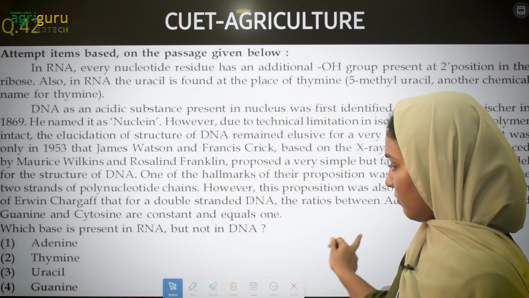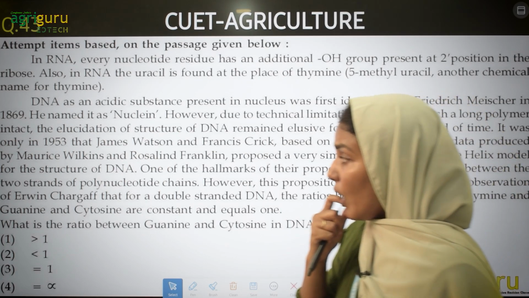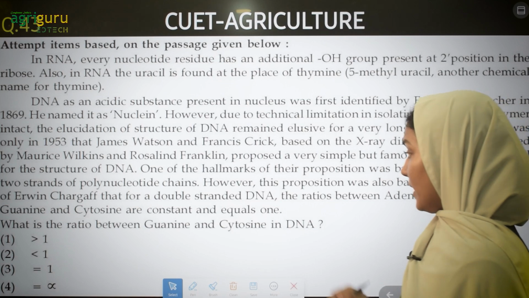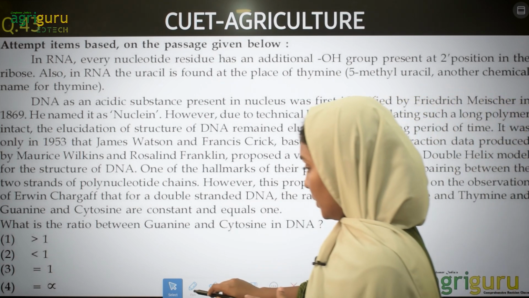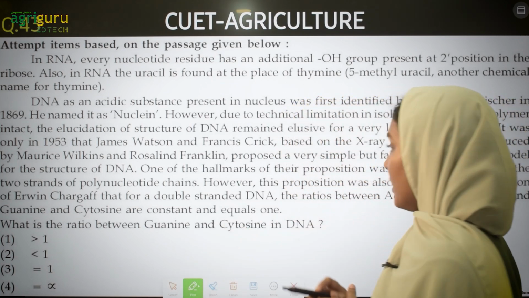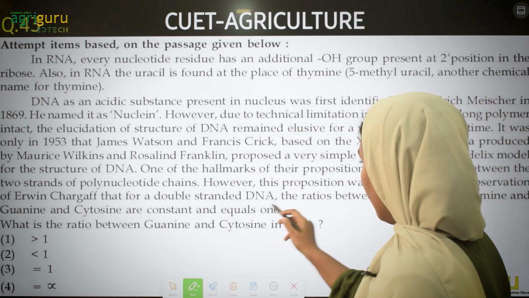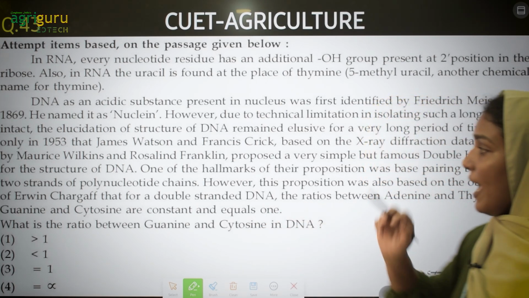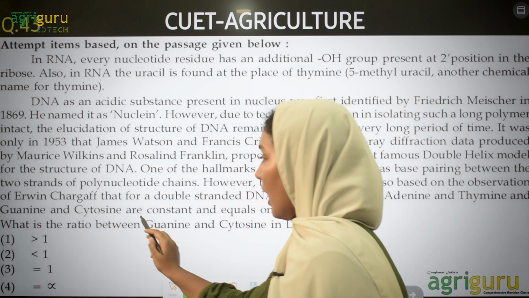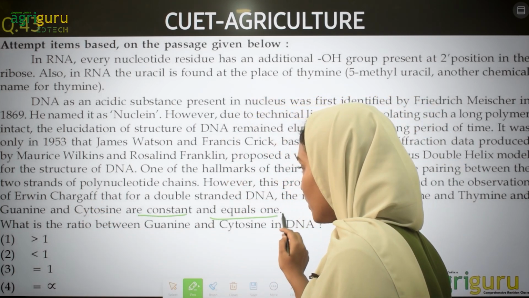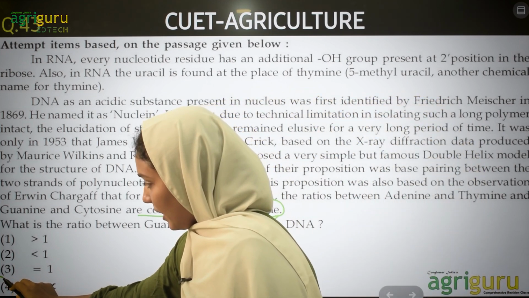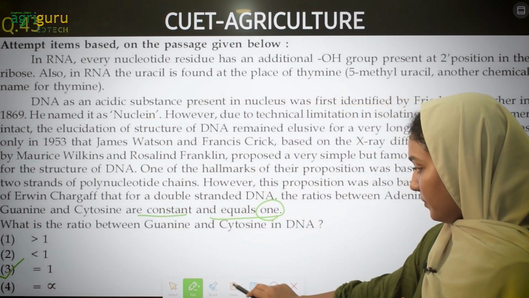Next question. What is the ratio of guanine and cytosine in DNA? Here it is given that the ratios between adenine and thymine and guanine and cytosine are constant and equal to 1. Then the right answer is option number 3, equal to 1.